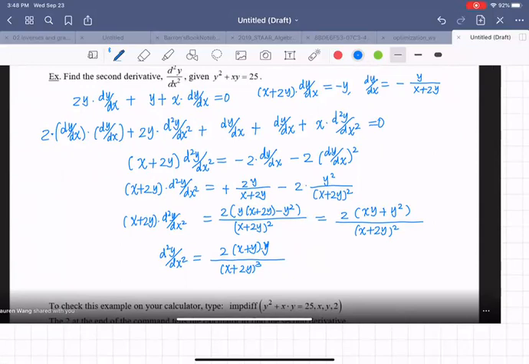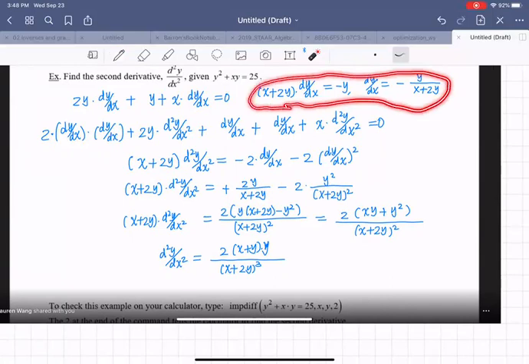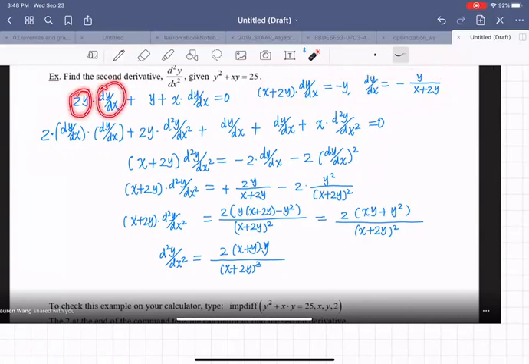You finished? Kind of lost on the first step. This step you get it, right? Yes. All right. Now you want to do the product rule for this and for this.